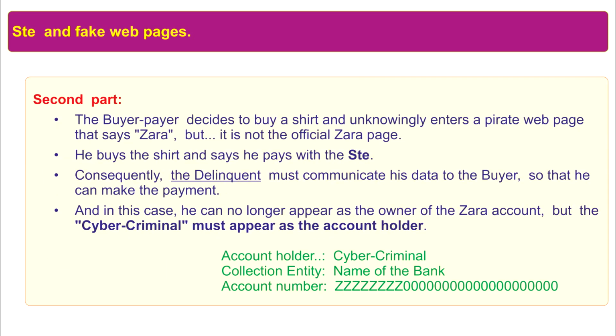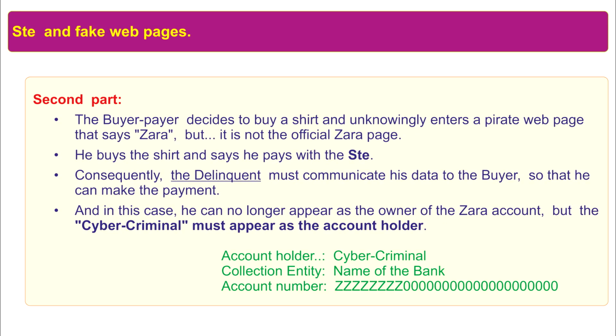Second part. The buyer-payer decides to buy a shirt and unknowingly enters a pirate web page that says Zara, but it is not the official Zara page. He buys the shirt and says he pays with the STE. Consequently, the delinquent must communicate his data to the buyer, so that he can make the payment.